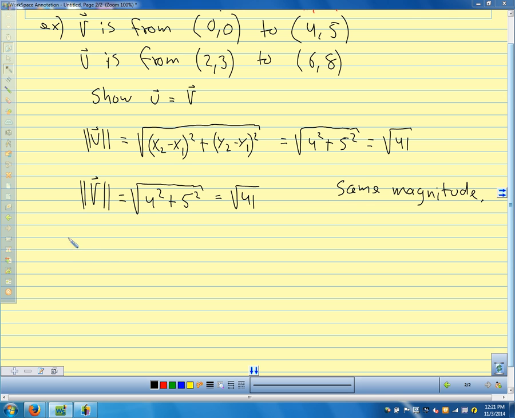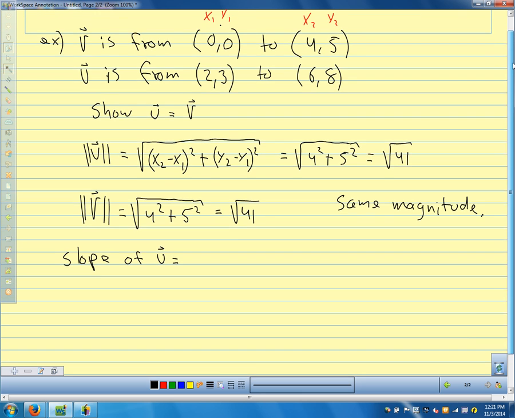So the slope of vector u is y2 minus y1 over x2 minus x1. Slope of vector v is y2 minus y1, 8 minus 3, over x2 minus x1, 6 minus 2.